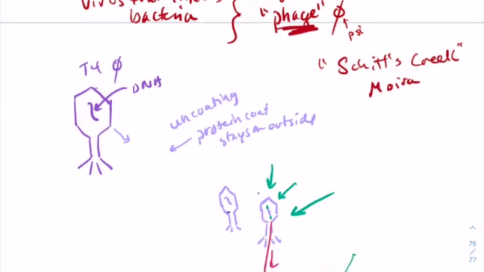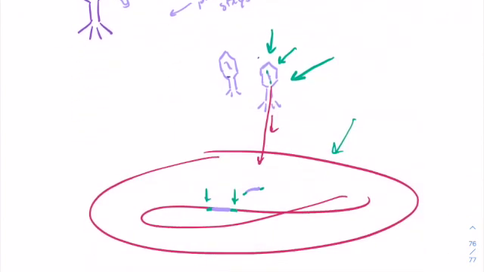So in this case, transduction, a virus carried a teeny bit, these little green bits of bacterial DNA from the previous cell that it infected. So a virus is carrying DNA from one cell to another.